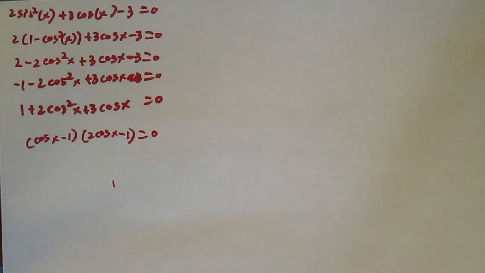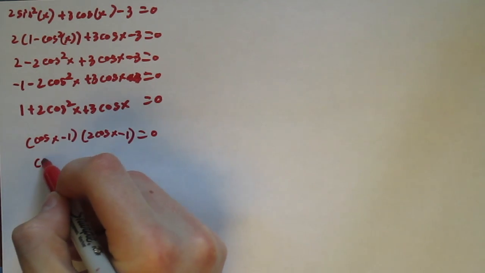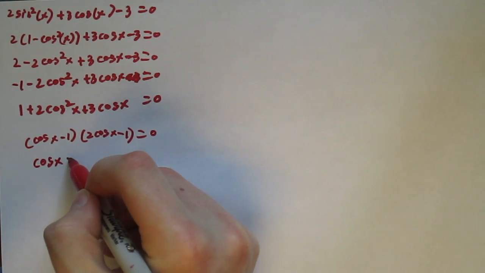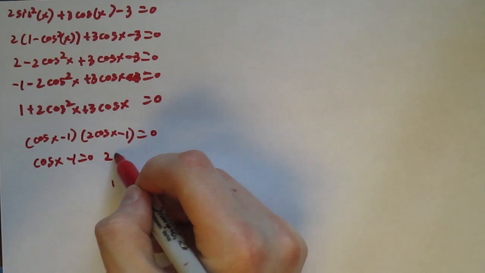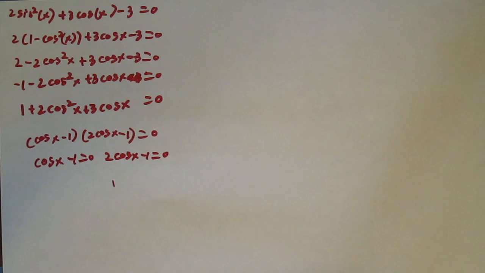That's equal to 0. So now we can take these two things, and by the zero product property, we can rewrite them into cosine of x minus 1 equals 0, and 2 cosine of x minus 1 equals 0.